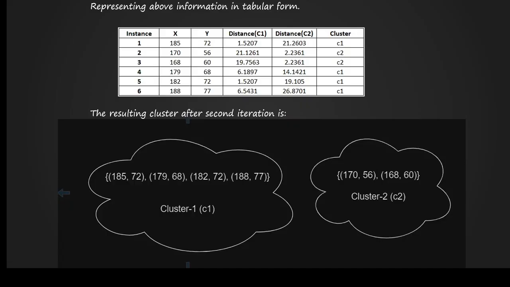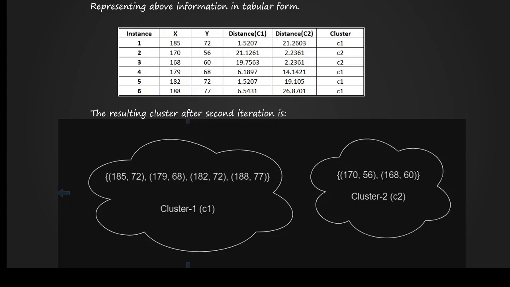So after the second iteration, the resulting clusters will be cluster C1 and cluster C2. Now we can see that there is no change in our clusters or groups of data.